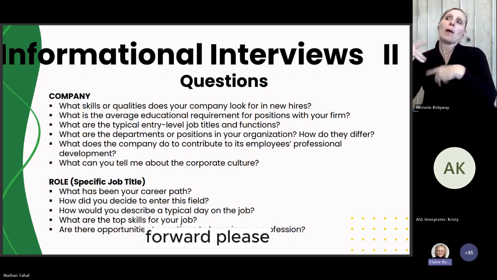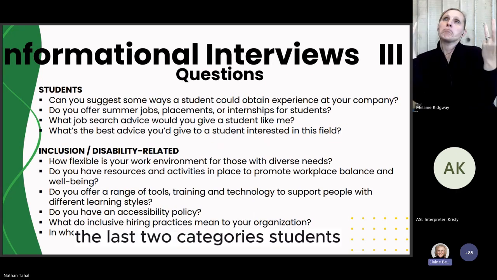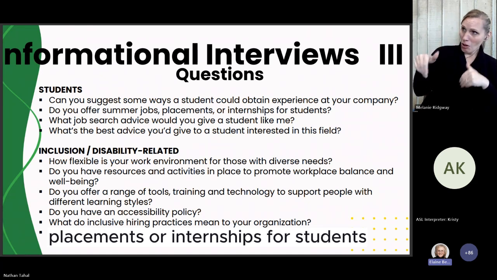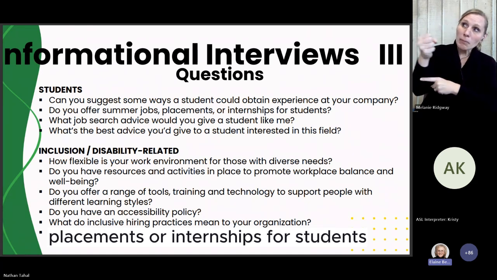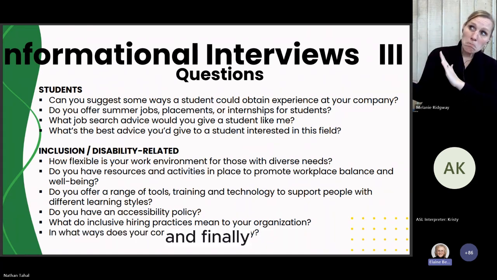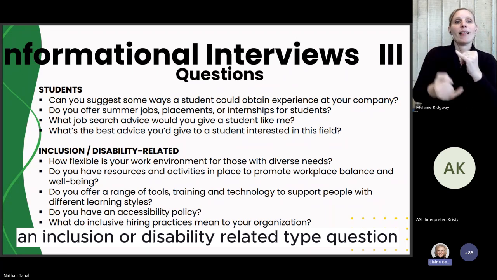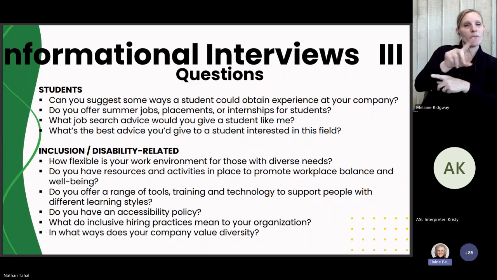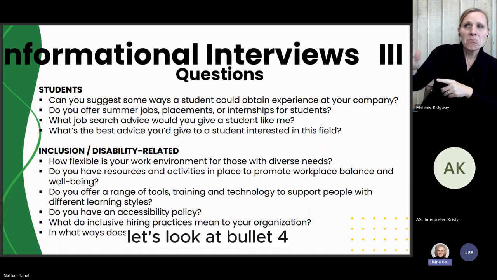Forward, please. The last two categories, students. Bullet 2, do you offer summer jobs, placements, or internships for students? And finally, an inclusion or disability related type question. Let's look at bullet 4.